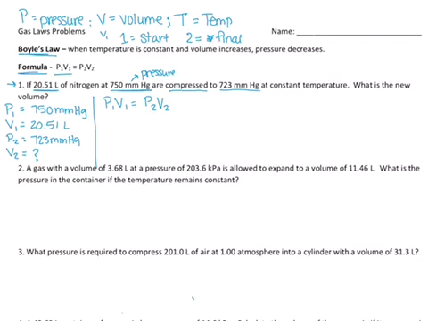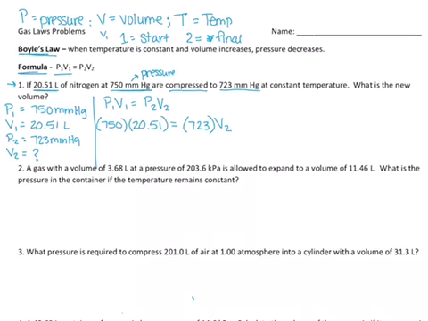And then plug in what we know from our list to the left. We know our initial pressure is 750, and our first volume is 20.51. That will equal our second pressure, which we figured was 723, and we don't know our second volume.